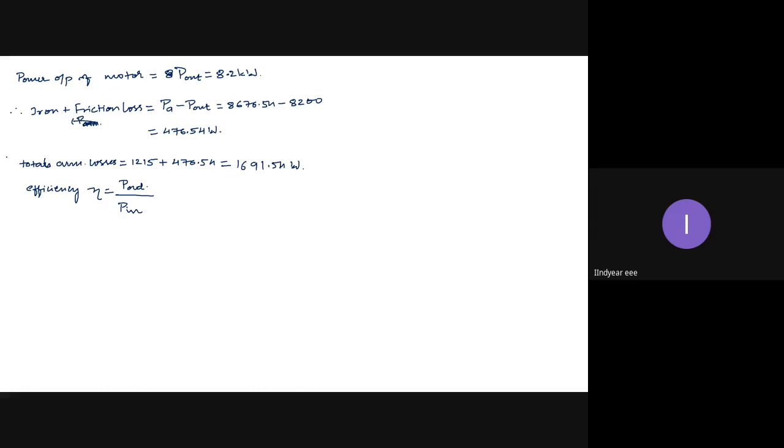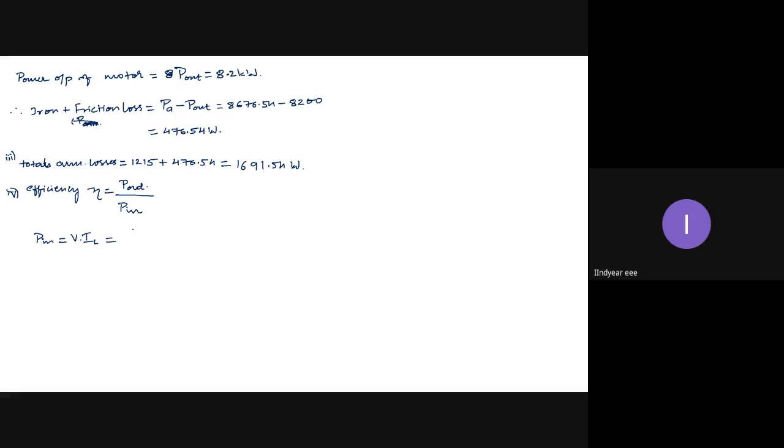Total armature losses was the third point. So the fourth point is to find the efficiency: P out divided by P in. P out we got is 8.2 kilowatts, which is given. Then what is P in? P in is equal to V into IL.